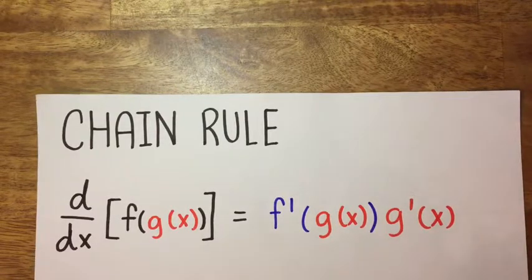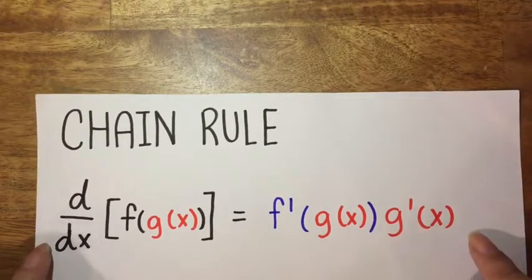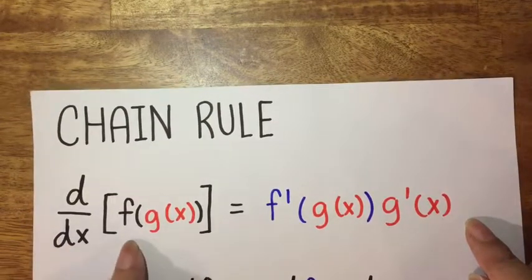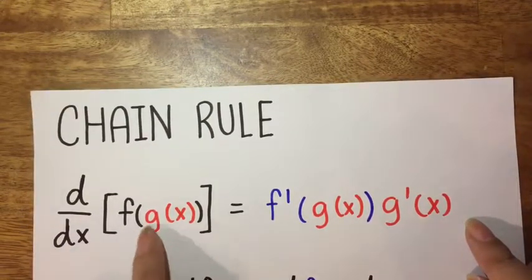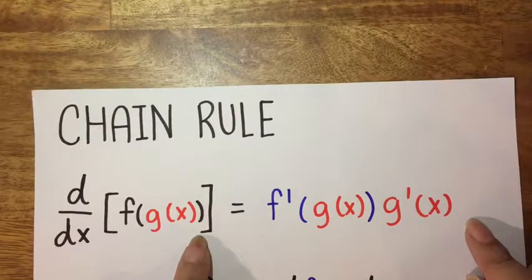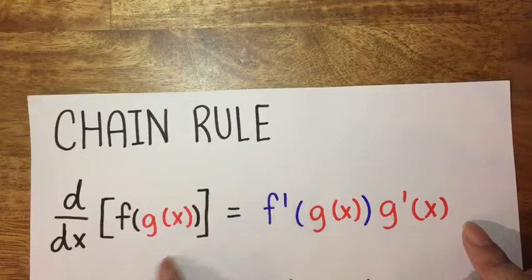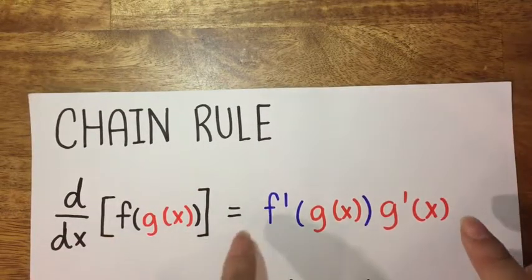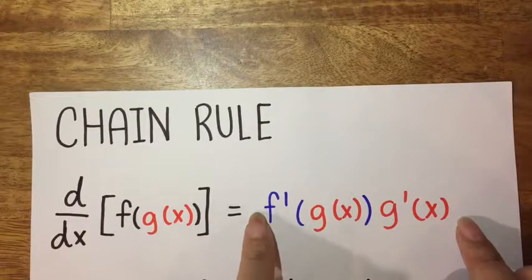There are three ways of writing chain rule. What you're seeing now is the first way: deriving f of g of x. To derive this equation, we have to separate it into two different parts.